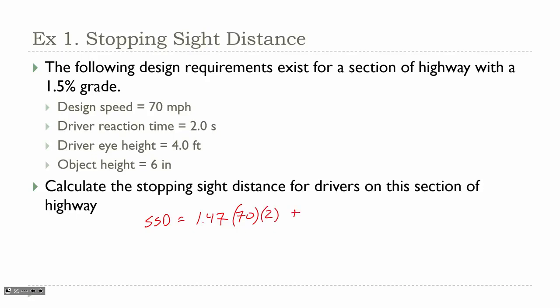And then the second part of that equation was V squared, so 70 squared over 30, and we're not given a different deceleration rate, so we'll use 11.2 over 32.2, and then we don't have a grade, so that second part of that term drops out. Do we do anything with the driver eye height and the object height here?